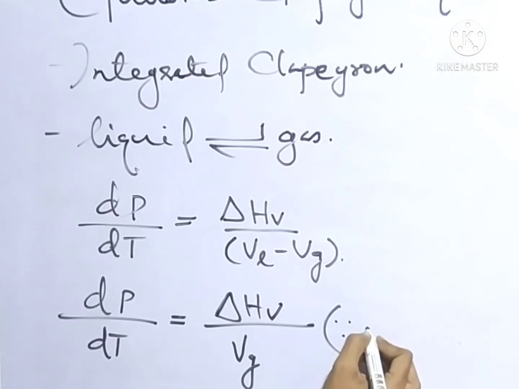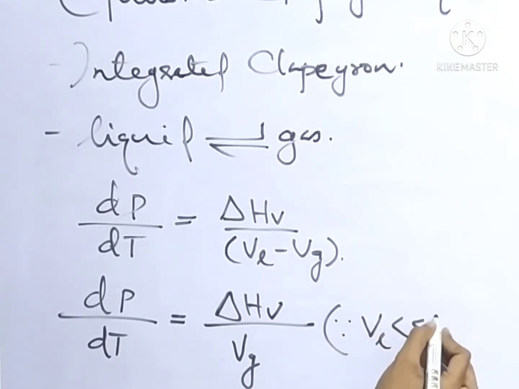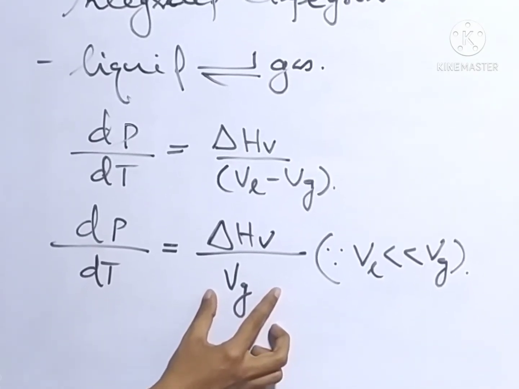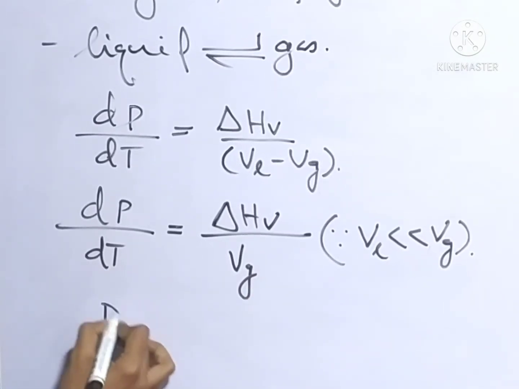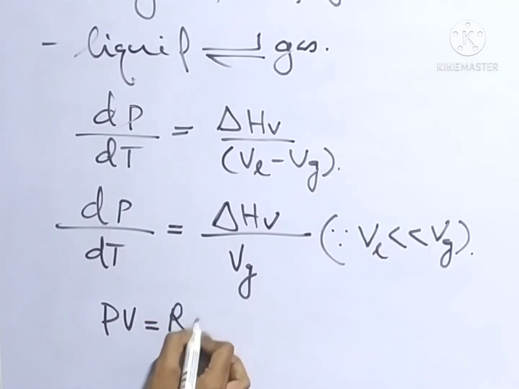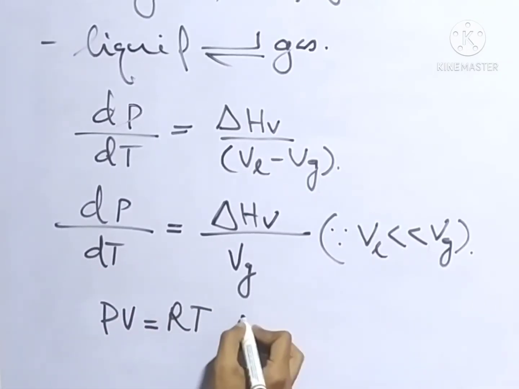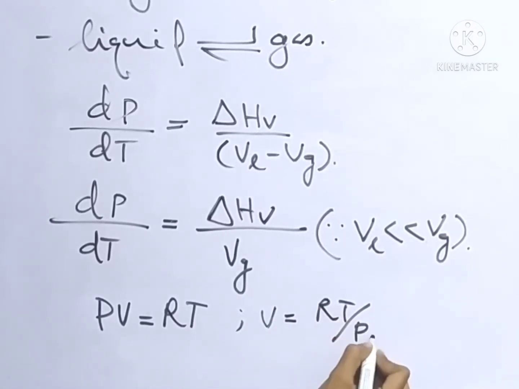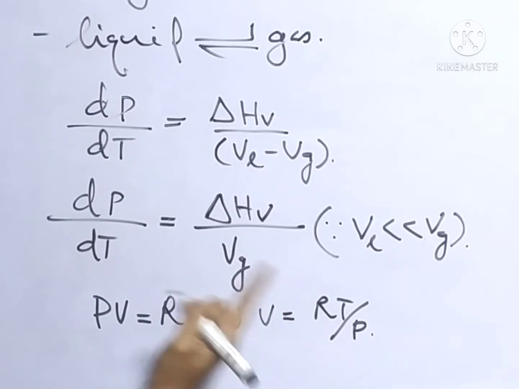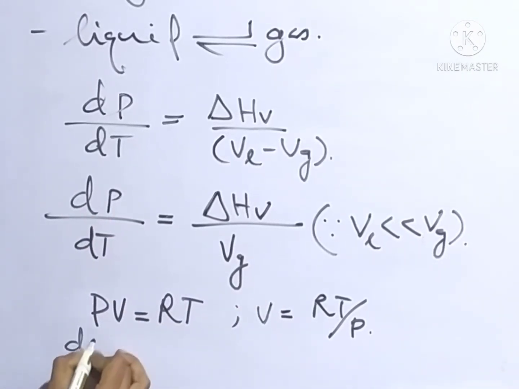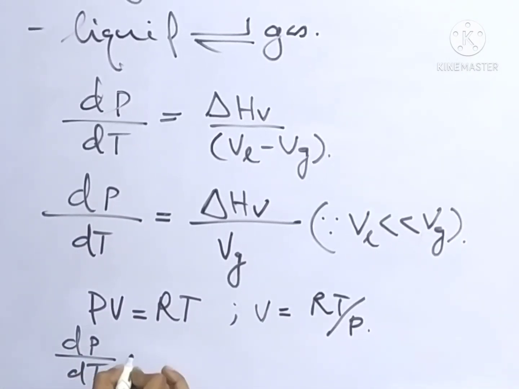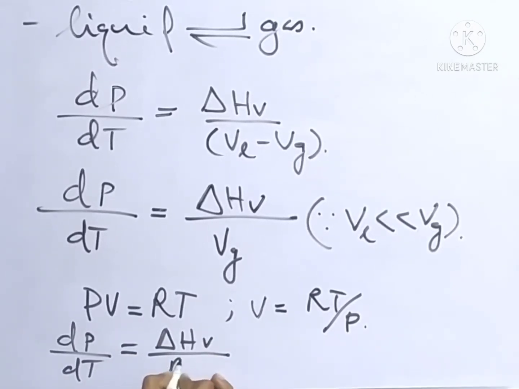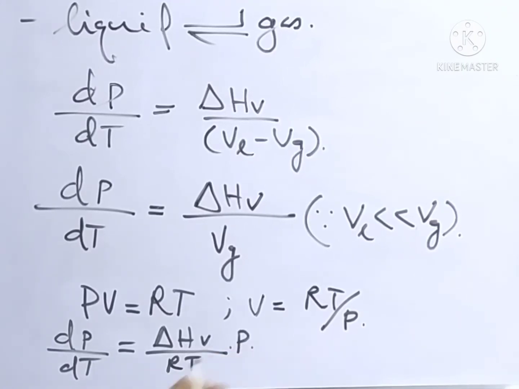Since V liquid is very less than V gas, here this is the volume of the gaseous substance. So we can use the ideal gas equation PV = RT here, that is V = RT/P. If we substitute this value here, then we will get dP/dT = ΔHv / (RT/P).